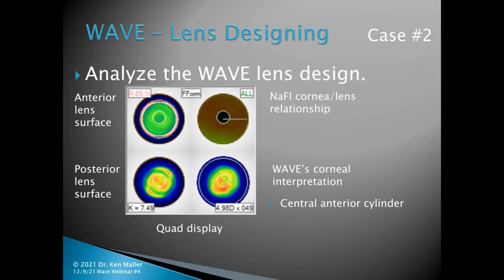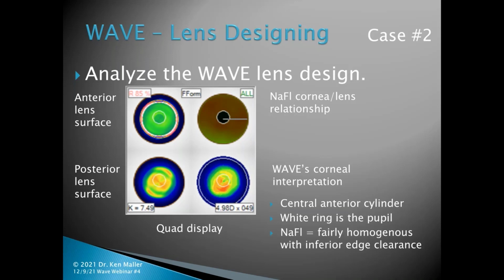And once again, on the anterior lens surface, if we look centrally, we can see right along the 45 degree, that darker green bow tie that's forming. And then in the 135 meridian there, we can see the lighter green bow tie that's interlocked with the darker green going along the 45. So that's the cylinder. Once again, the white circle is the pupil, so we're right there in the dead center of the visual axis.